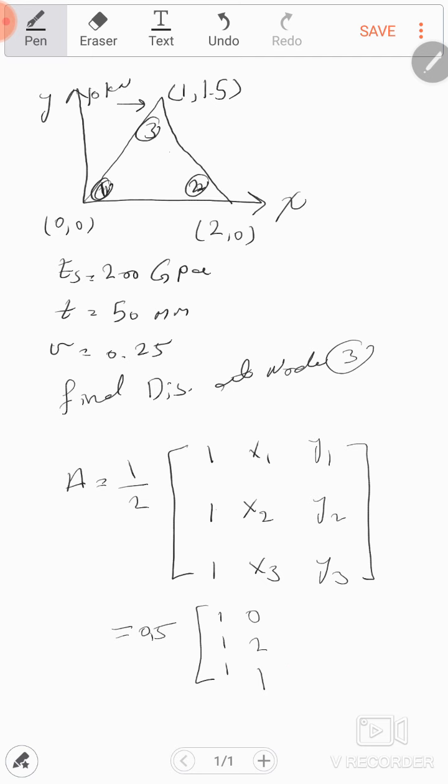For the y direction, y1 is 0, y2 is 0, and y3 is 1.5. After you compute this matrix, it is simple, you will get 1.5 meter squared. This is the area.